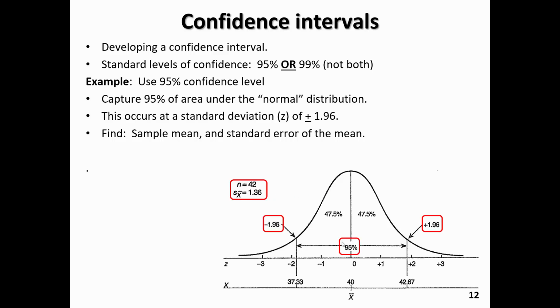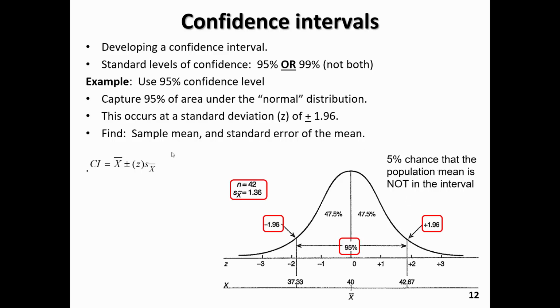Once again, what we're looking for are the 95% confidence limits at plus minus 1.96, corresponding to an area of 95%. When we calculate the confidence interval, we're 95% confident that the population mean will reside within this interval. To state it differently, that leaves us with a 5% chance that the population mean is actually not in the interval that we calculate.